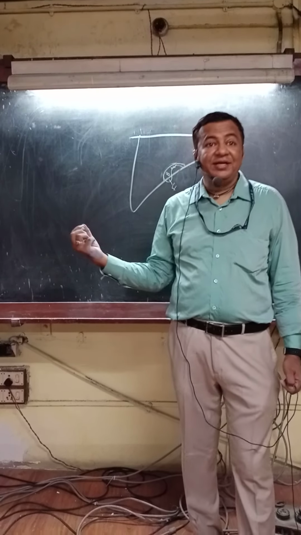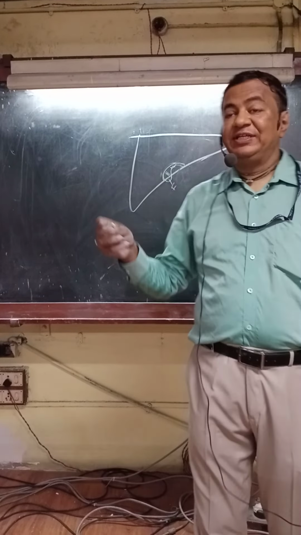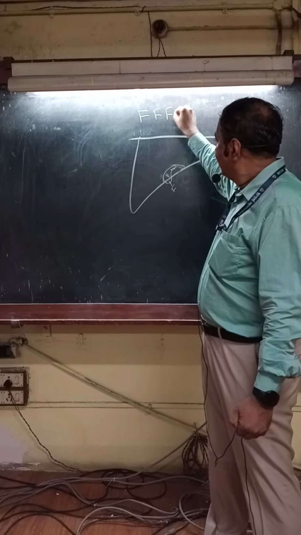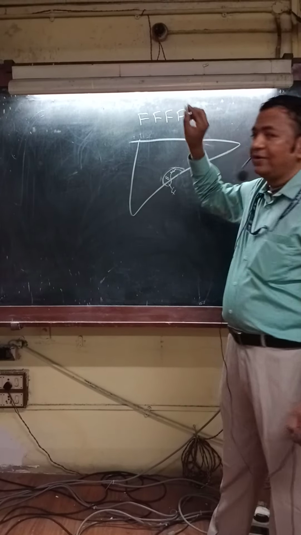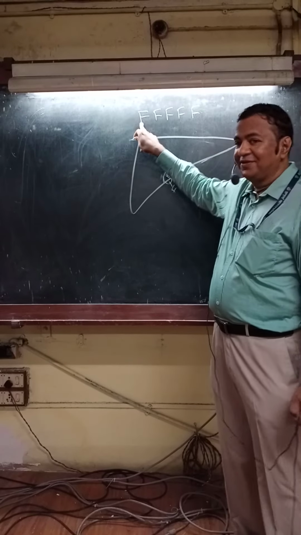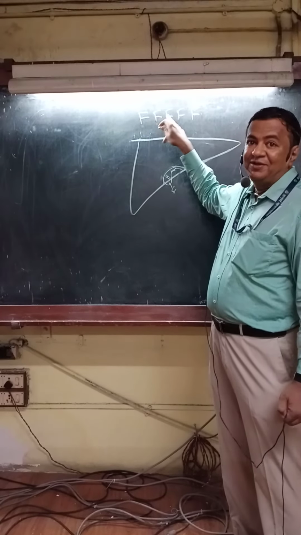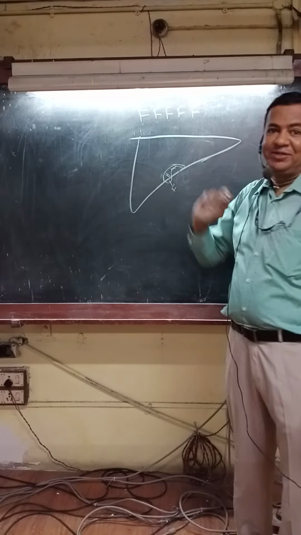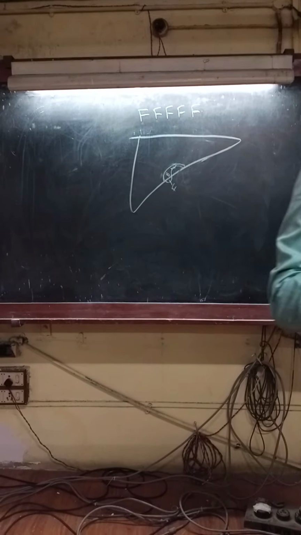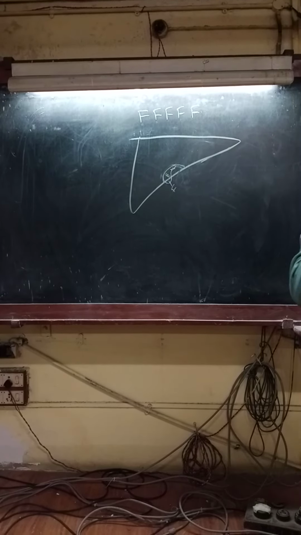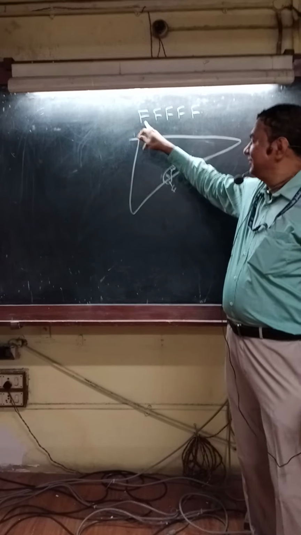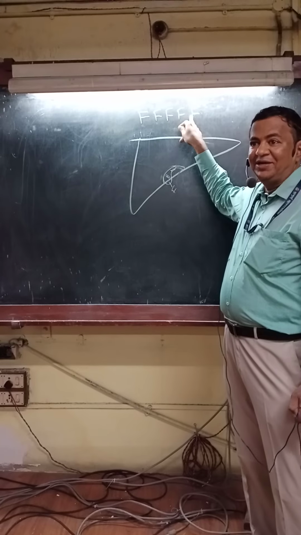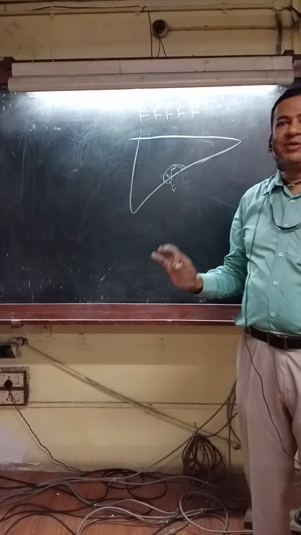And then, like kidney stones, there are gallstones, which occur in fat, fair, fertile, female, at age of 40. So fat, fair, fertile female, she is the one susceptible to gallstones.